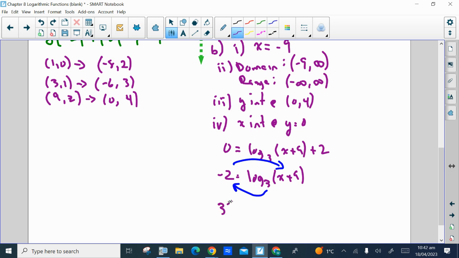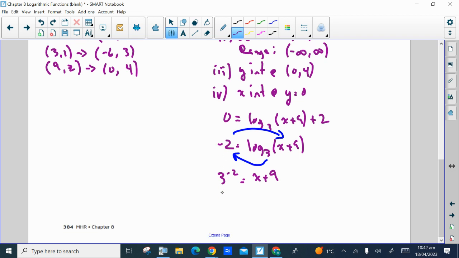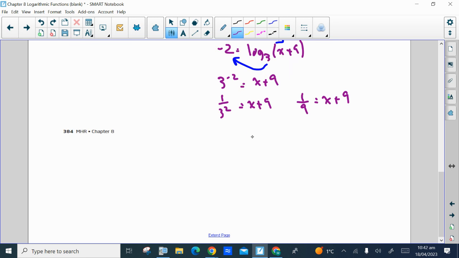So we'll get 3 to the negative 2 equals x plus 9. 3 to the negative 2 is 1 over 3 squared. 1 over 3 squared becomes 1 over 9. And now we will subtract 9 from both sides. So x will equal 1/9 take away 9, or 1/9 take away 81 over 9, which is negative 80 over 9.